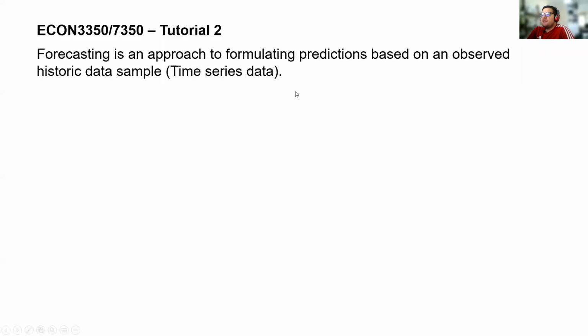Anyway, like I was saying, the whole objective of our course is to provide forecasts. One of the strongest tools that we have for this is the observations from the past, from historic data.